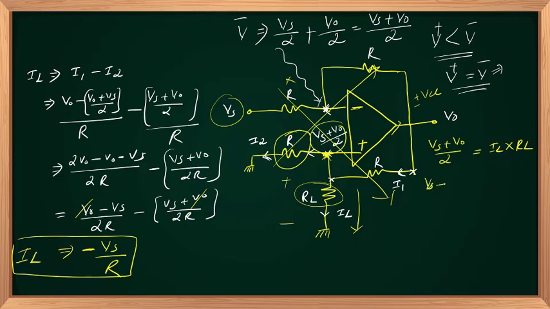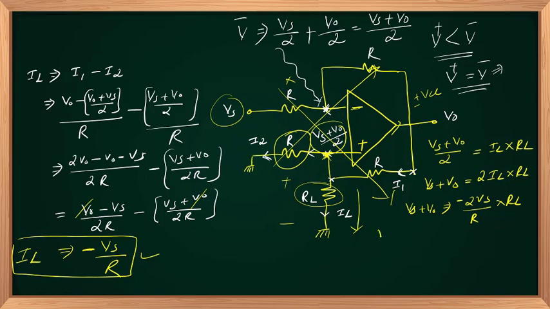So Vs plus V out is equal to 2 times IL RL. Vs plus V out is equal to the IL value we evaluated, minus Vs upon R, so minus 2 Vs upon R multiplied by RL.